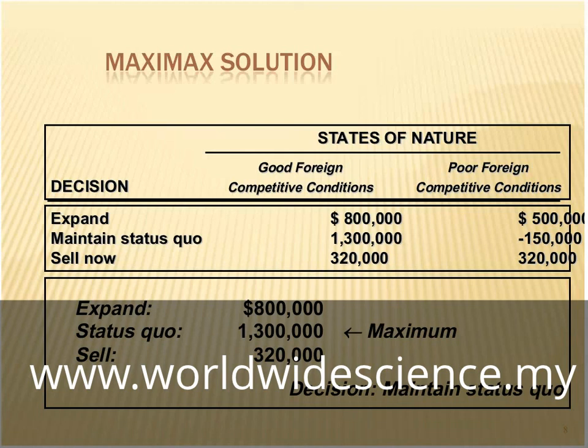The first row is expand. First decision is expand. The maximum payoff for expand, between 800 and 500, which number is maximum in front of expand? Very good, 800.